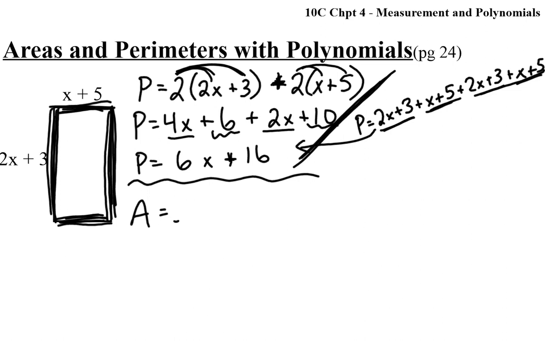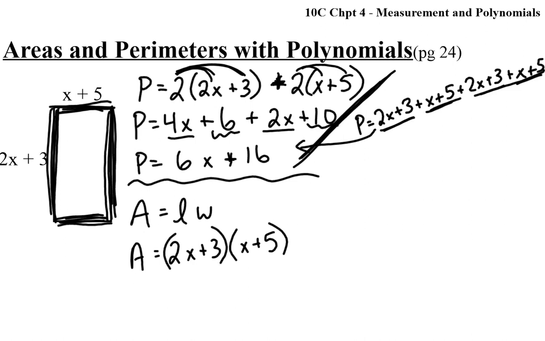Second part is the area of a rectangle. Area of a rectangle is as simple as length times width. And the area here, we have a 2x plus 3 for length times x plus 5. But we have to make sure all of the length is going to be multiplied. So our length, 2x plus 3, is in brackets, times our width, x plus 5. Brackets beside brackets here. Binomial times a binomial.